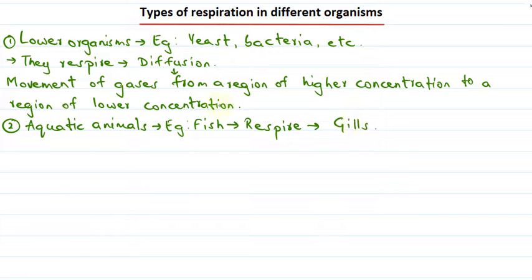Okay. So these organisms, they take water through their mouth, and this water further moves through their gills. So in gills, what happens is the oxygen that is dissolved, because they are taking in water, so in water the oxygen is present in dissolved form.